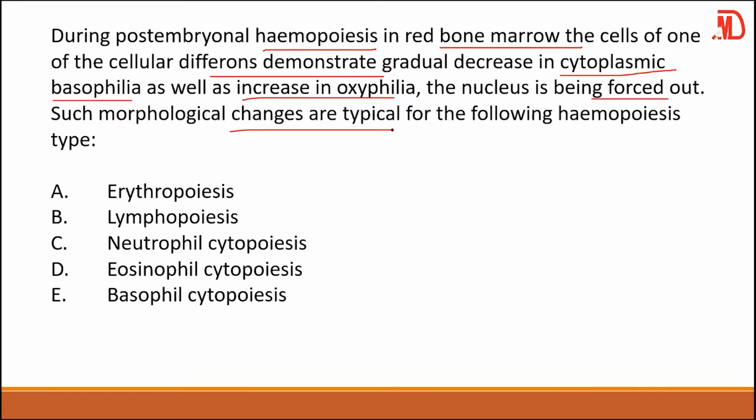Now, look at it. They are saying that the nucleus is being forced out of the cell. Now, you ask yourself, with all the types of blood cells, don't forget we have to call blood cells, and then we have the red blood cells, the white blood cells. Don't get confused when I say blood cells.